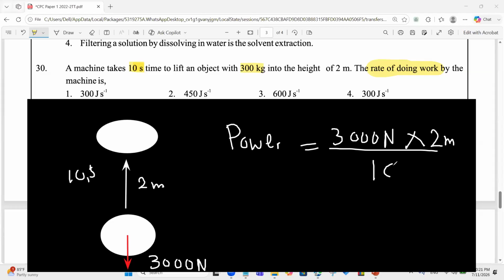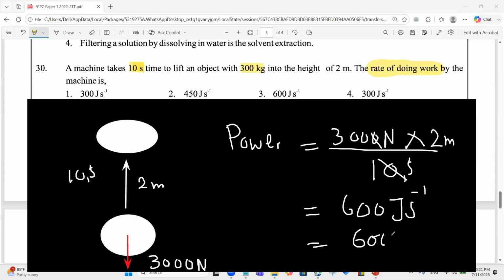The time taken is 10 seconds. These two cancel. Then 300 into 2. What's the answer? 600 joules per second. Can you tell me another unit? Watt, right? Good.